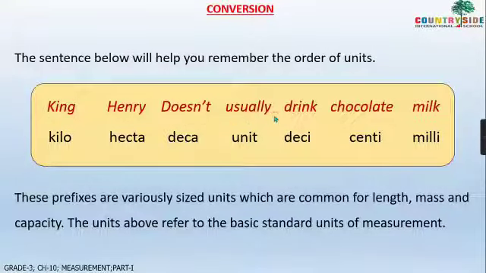Then U for usually and U for unit. What does this unit mean, children? Unit means you can take either meter, gram, or liter. As I told you in the previous slide, from those three units, whichever you are going to measure, you take it here as a unit.